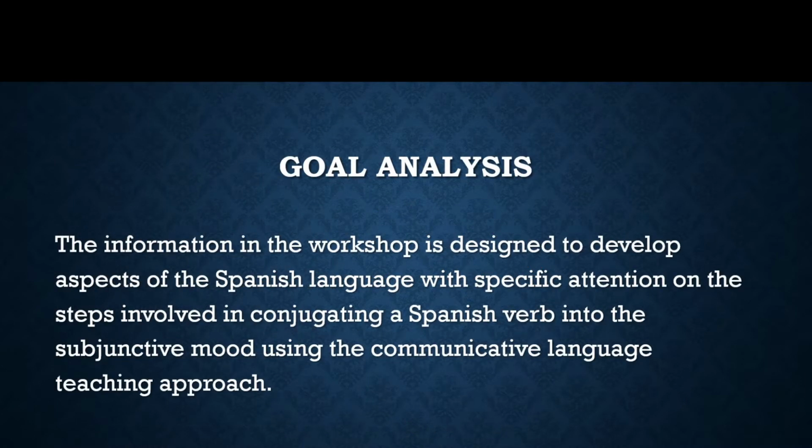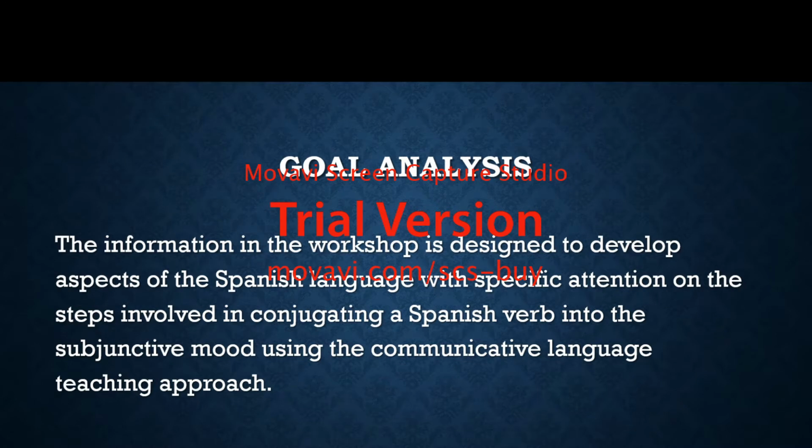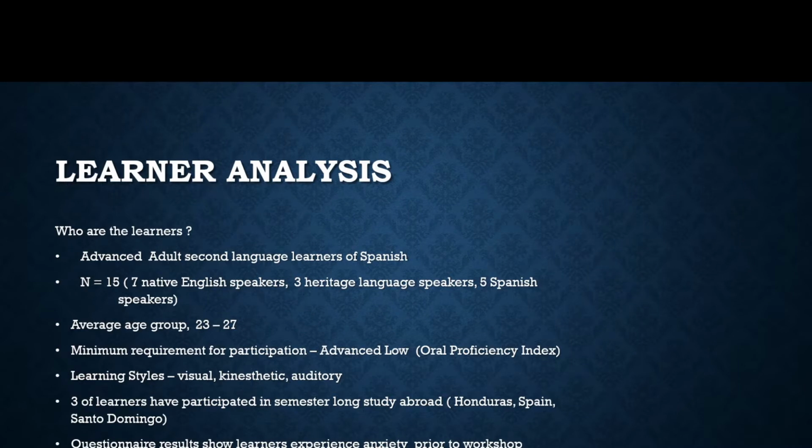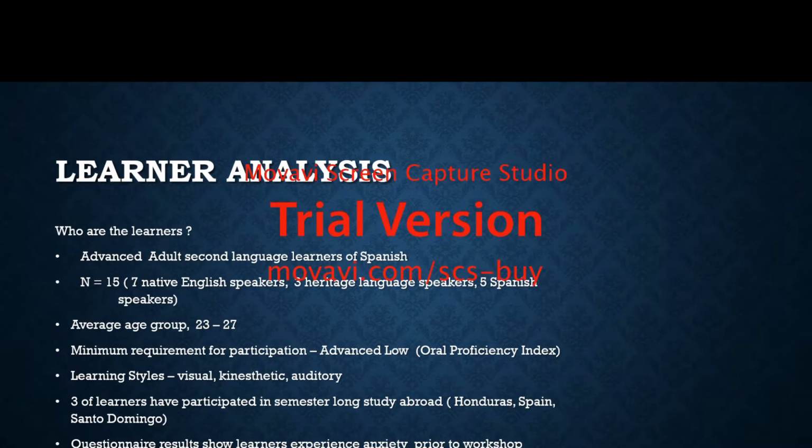The goal analysis: the information in this workshop is designed to develop aspects of the Spanish language with specific attention on the steps involved in conjugating a Spanish verb into the subjunctive mood using the communicative language teaching approach, or methodology, as some would say. For the purpose of this, our learners are 15 in number, and they consist of English speakers, heritage learners, and Spanish speakers.